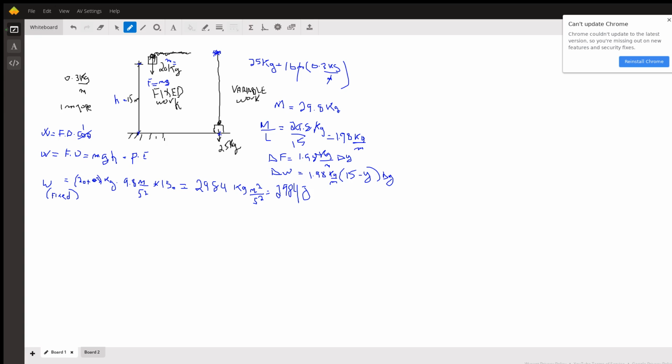So you're going to get 1.98. Let me write up here. I'm going to conserve enough space. So we have 1.98, and what's the unit of 1.98? Kilogram per meter. And if you evaluate this, you get 15 times 15 minus 15 squared over 2.